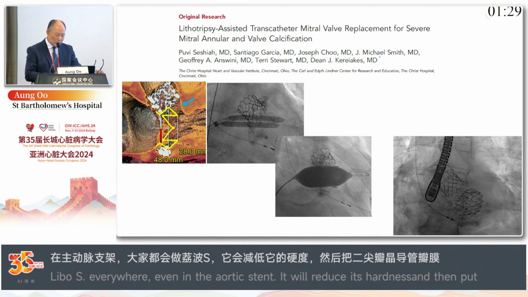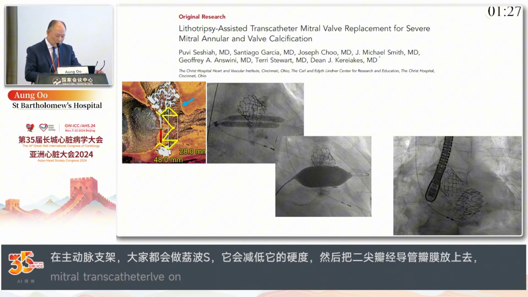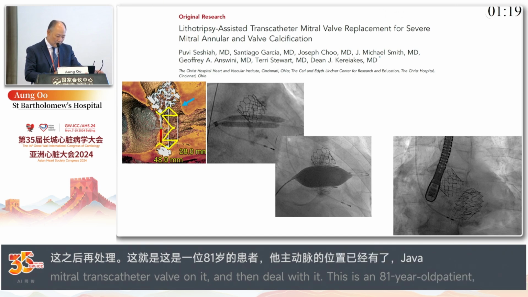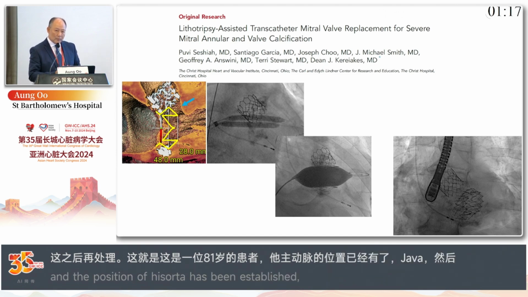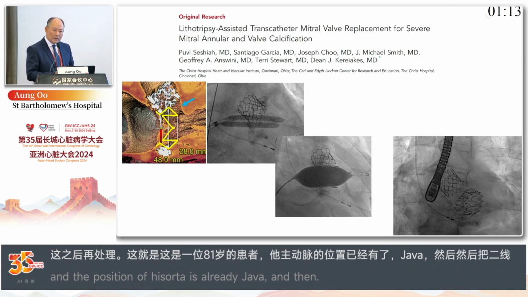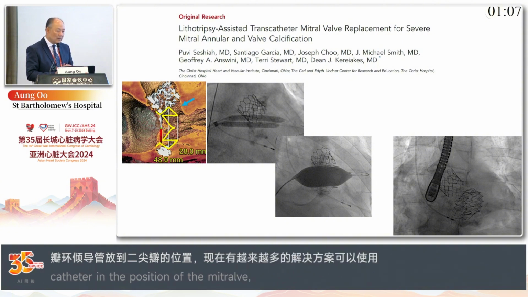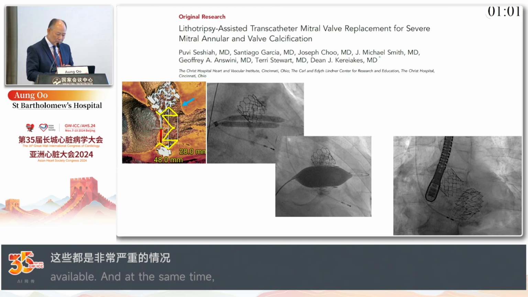This is a case report of an 81 year old patient who already had a TAVI valve in the aortic position, with a lithotripsy assisted mitral valve in the mitral position. So more solutions are becoming available, but at the same time this is quite a severe condition with plenty of potential complications and high risk of mortality.